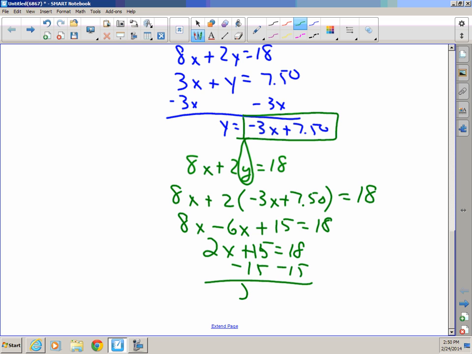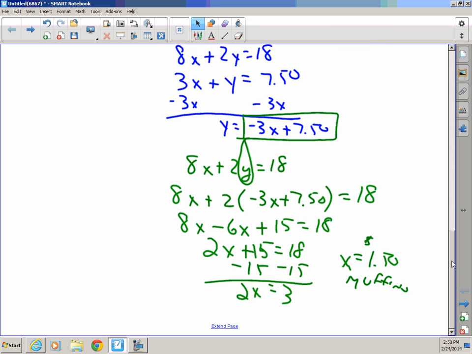So what I have found out is that the muffins cost $1.50. Now I want to figure out what the milk costs. Well, the simplest thing is to take either of these two equations, this one or this one, and put x in. The second one is a little simpler.